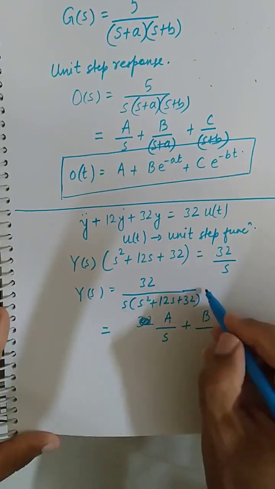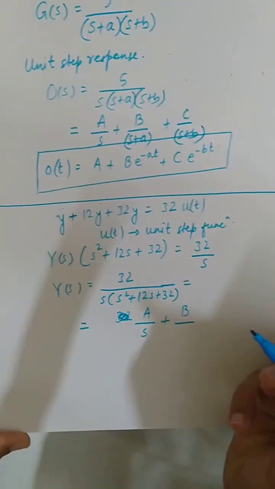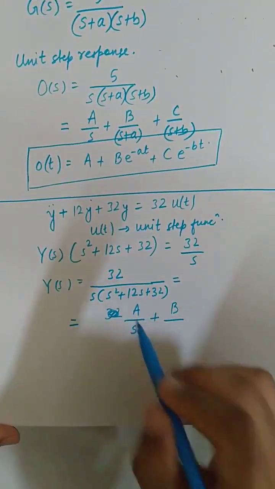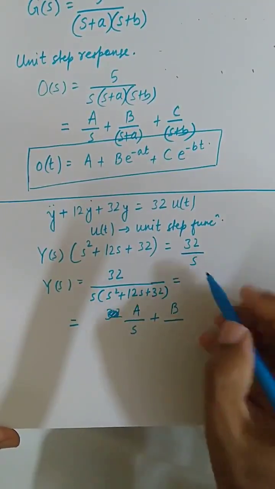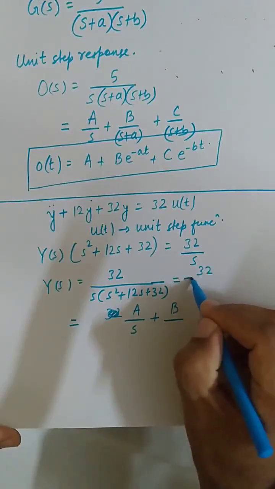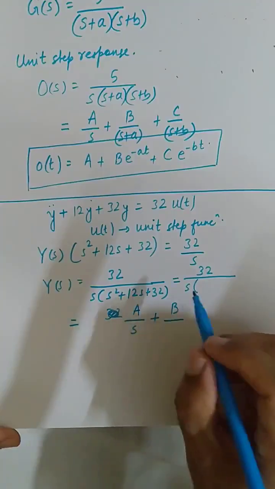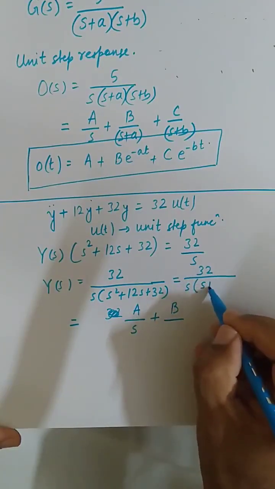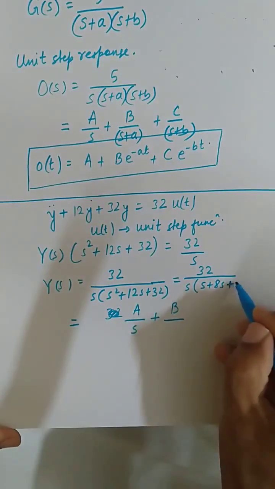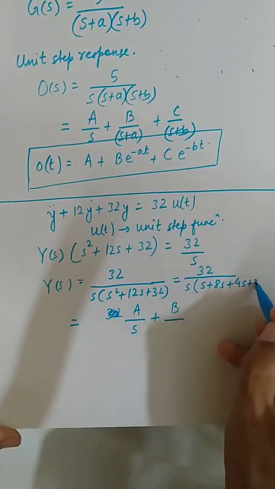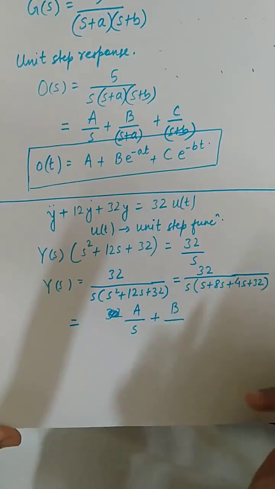So let me first factorize it, right, before making the partial fractions. And I know for this case that this has real and distinct roots. That is why I have taken this example. So this is s square, and 12s I can write as 8s plus 4s, plus 32, right?